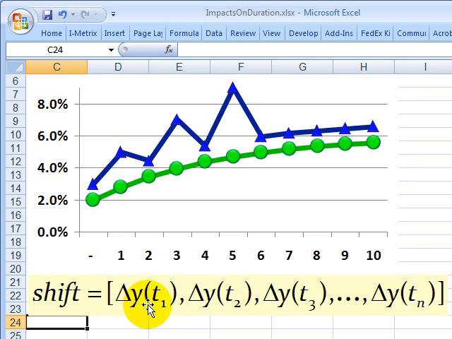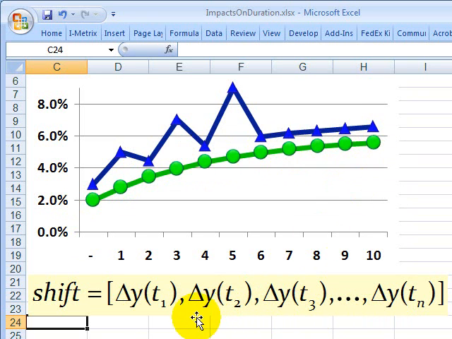The change in yield here at my first key rate, so that may be the 1-year mark, the 1-year term. My change in yield or shock to the yield at the next key rate, which may be the 3-year term, and so on. So I can select the number of key rates, and that typically may be from 5 to 11 along the yield curve.